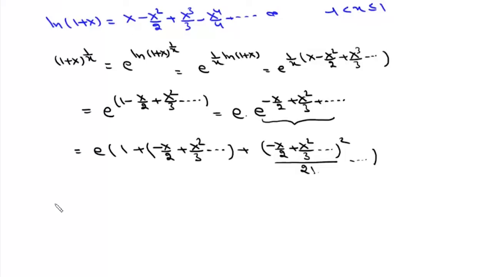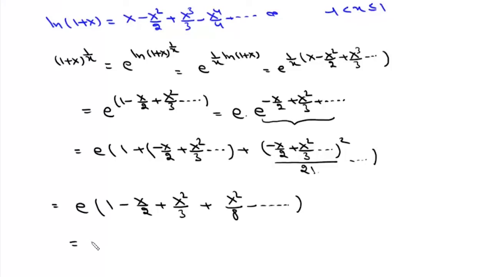Now we can write this as e into 1 minus x by 2 plus x square by 3, and here what we need is the coefficient of x square. We'll get this coefficient of x square as x square, and then 2 square is 4, and we also have this factorial 2, so there will be this 8, and then other powers of x.